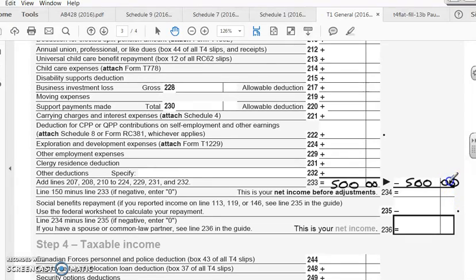So that initial $6,200 minus the $500 gets you $5,700, which means $5,700 will go here, and that is the net income.